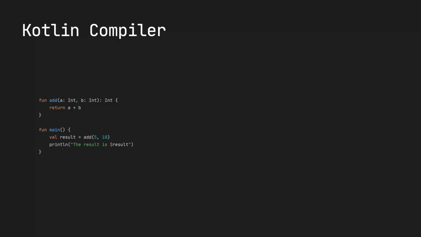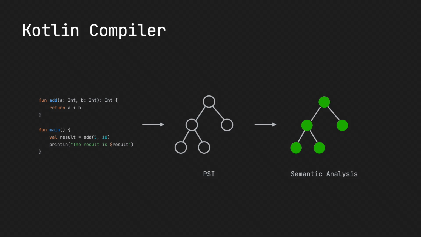The Kotlin compiler takes your source code, and the first thing that it does is construct a syntax tree called PSI. Each node in this tree represents an element in your source, but what's missing in this tree is semantic information. This is added in the analysis phase. Semantic information includes things such as type information, where type inference is done.